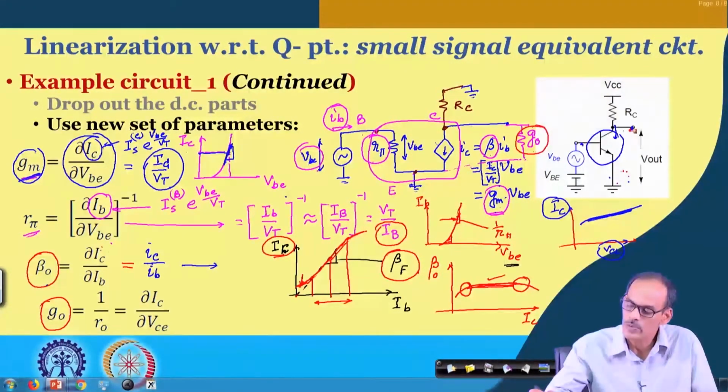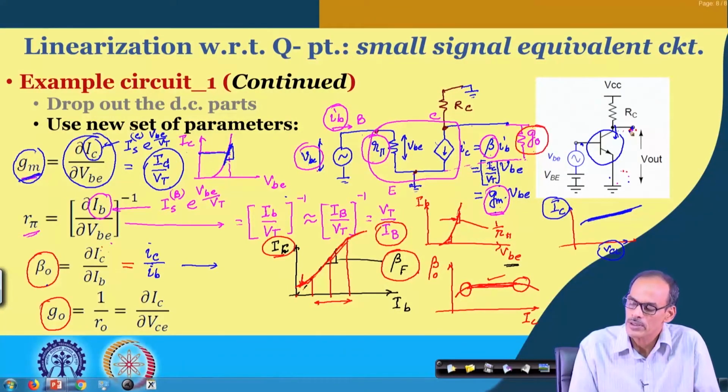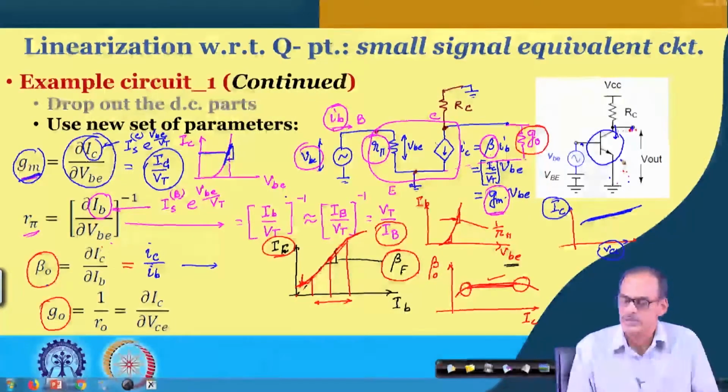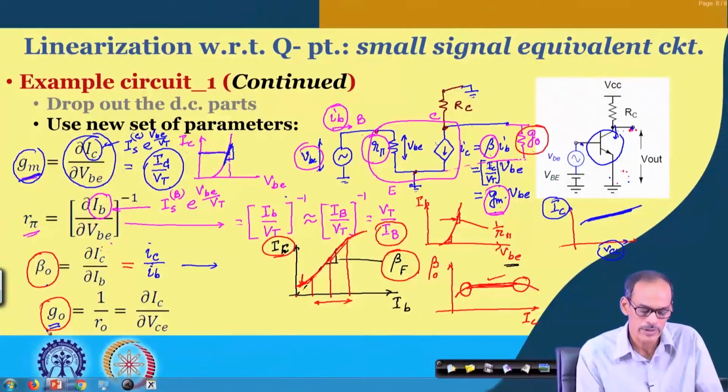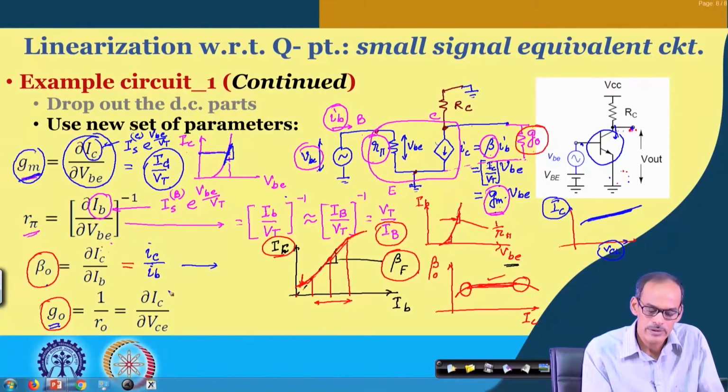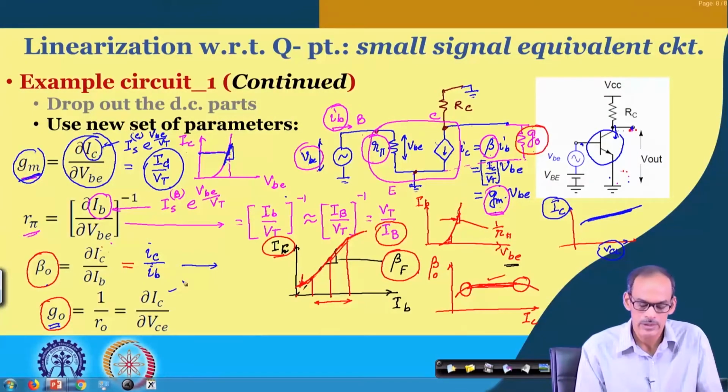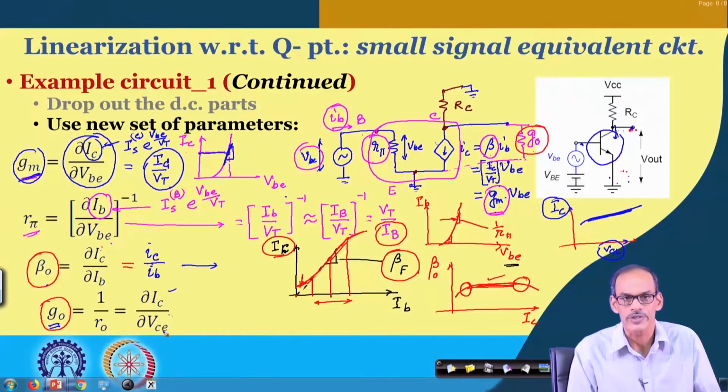And since we change this voltage and observe the same terminal current, if I take the ratio, namely the change in the current with respect to the change in this voltage, that gives nothing but the output conductance. So, that is why we say the output conductance G naught is defined by the change in the collector terminal current versus the collector to emitter voltage.